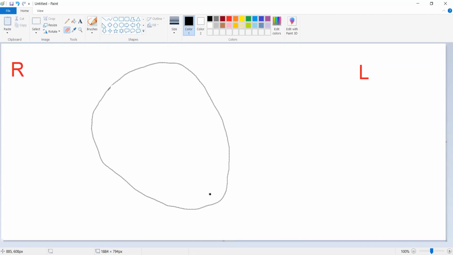Okay, you got the shape? Next we are going to make little depressions to mark the grooves that separate the atrium and ventricle.